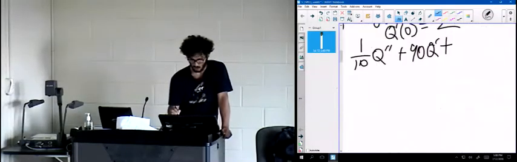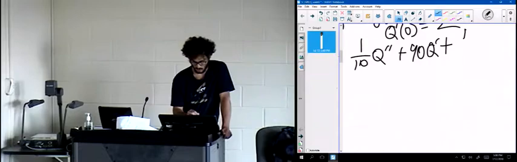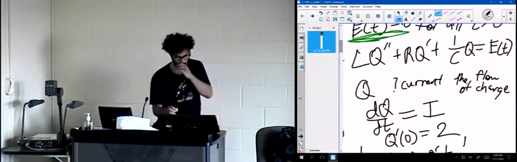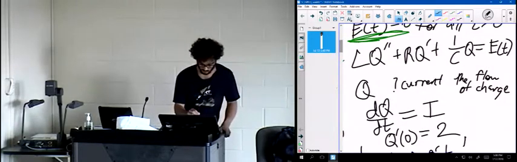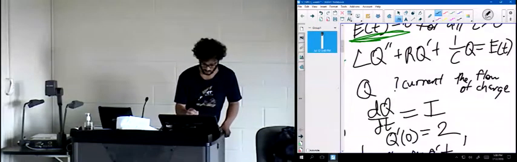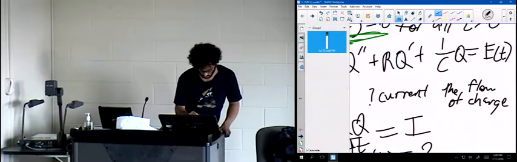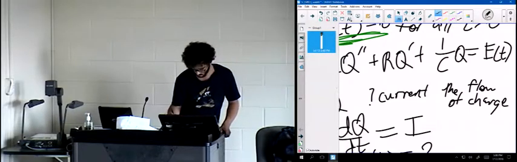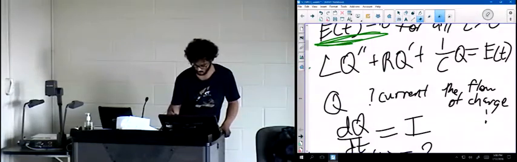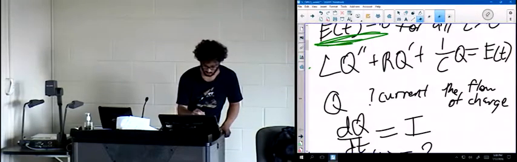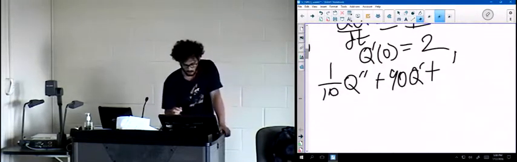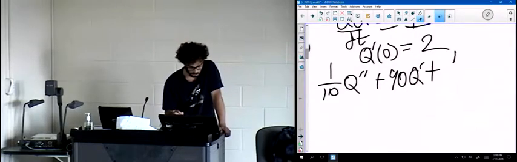1. Now, be careful. The general form is 1 over the capacitance, and our capacitance, oh no, what have I done? Here, perfect. Sorry, I got sidetracked.